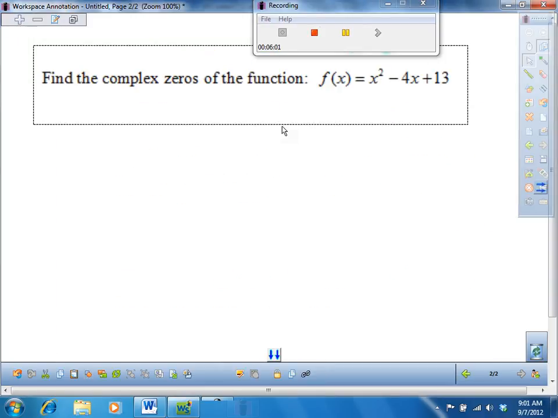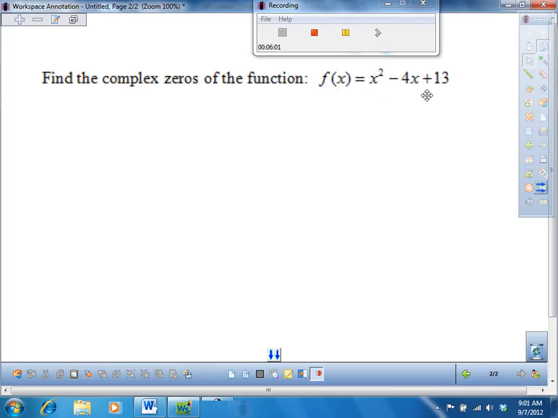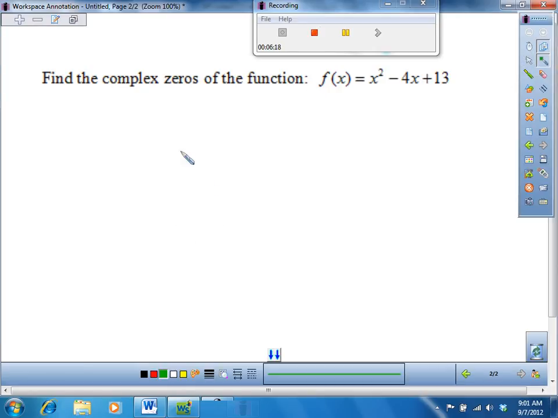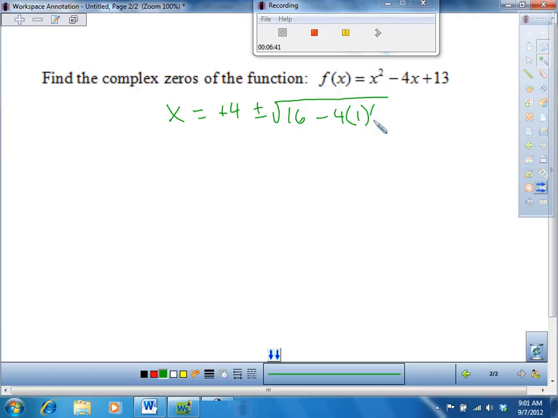So if you have this one, x squared minus 4x plus 13, you could try to factor that. Does that factor? No. So what do you have to do if it doesn't factor? Quadratic formula. Very good. So I'm going to do the quadratic formula on this, and I get x equals negative negative 4, which is plus 4, plus or minus the square root of negative 4 squared, which is 16, minus 4 times a, which is 1, times c, which is 13.